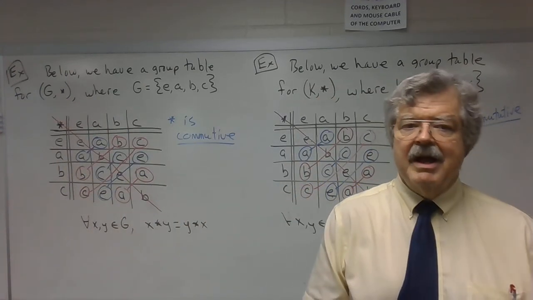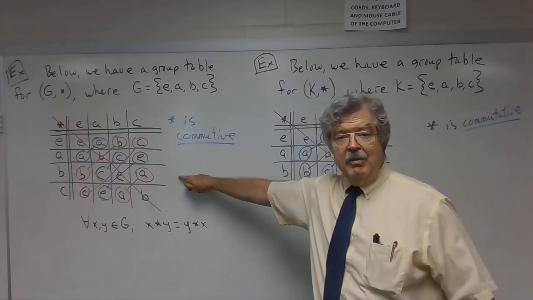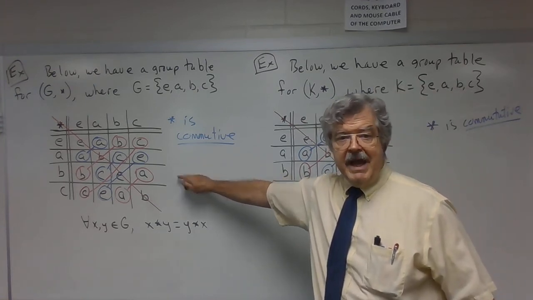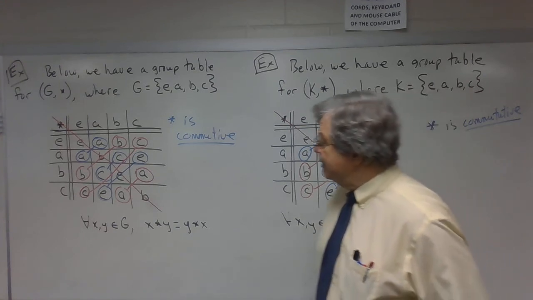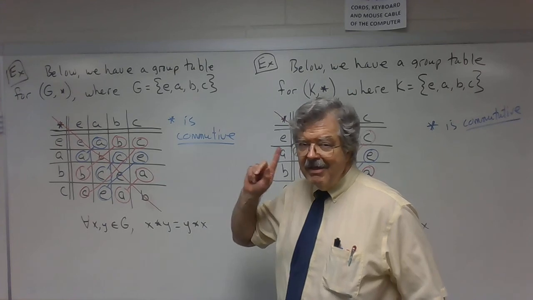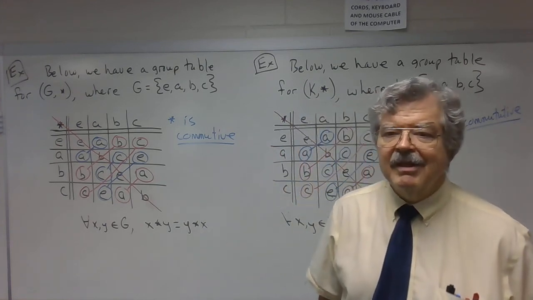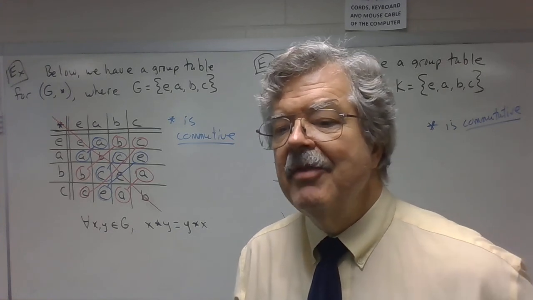If the binary operation is commutative, then the table will be symmetric about the main diagonal. And if the group table is symmetric about the main diagonal, then the operation is commutative. And we'll talk more about that in just a minute.